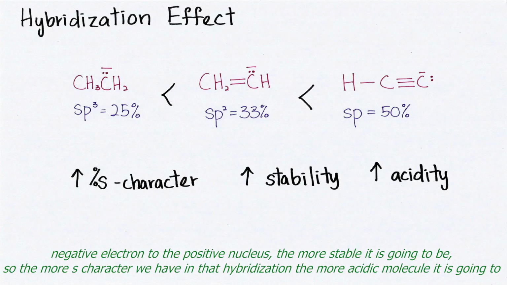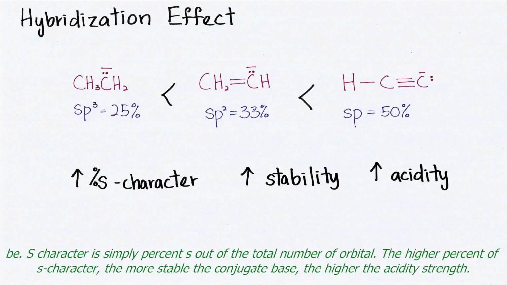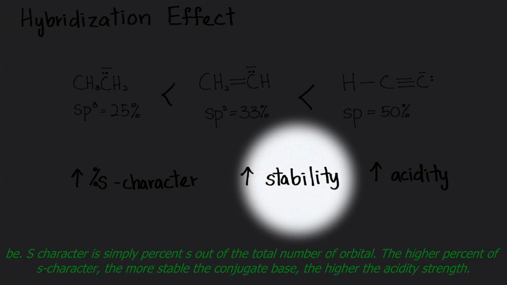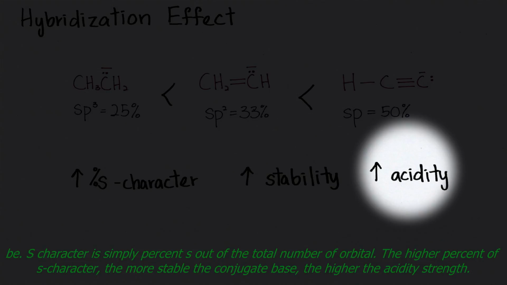So the more s character we have in that hybridization, the more acidic the molecule is going to be. S character is simply the percent s out of the total number of orbitals. The higher the percent of s character, the more stable the conjugate base, and the higher the acidity strength.